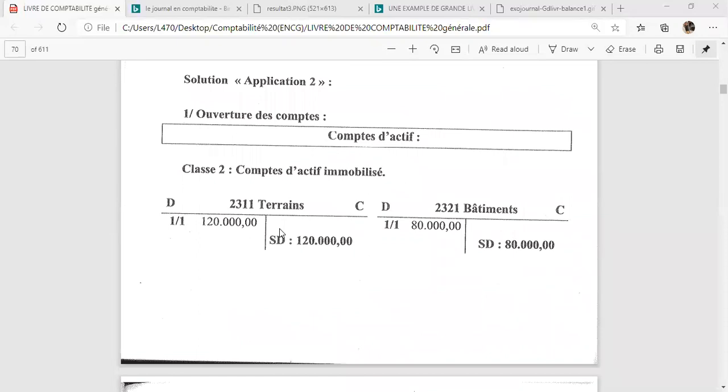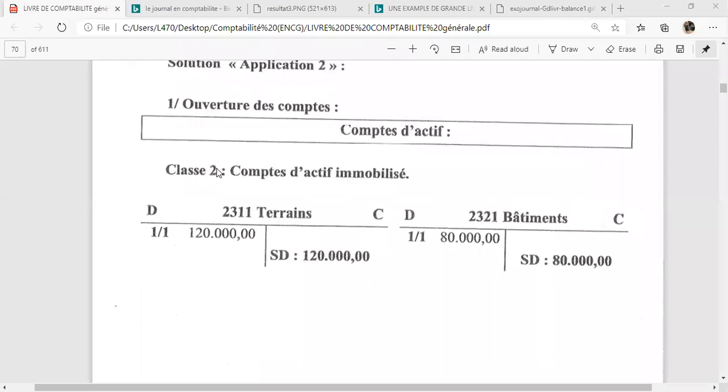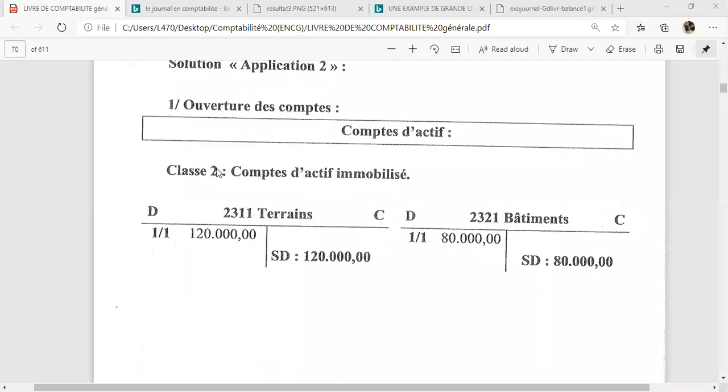You would start with, like I said, the classes. When you write class 1, you would have to include all the accounts which are class 1 type. For this example, I don't think there was anything of class 1, so they strictly went to class 2. So we have 2311, Terrain, like it's premises.